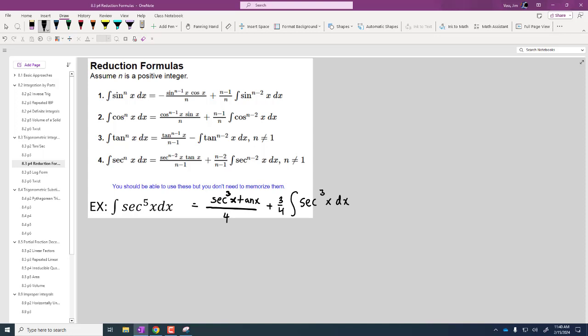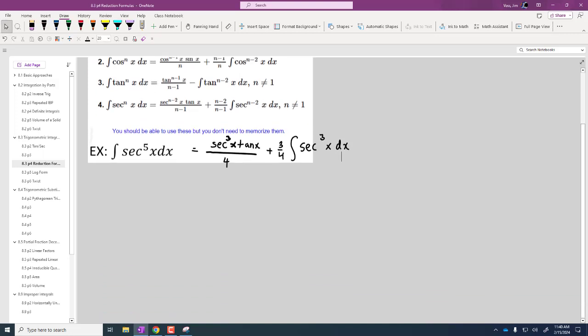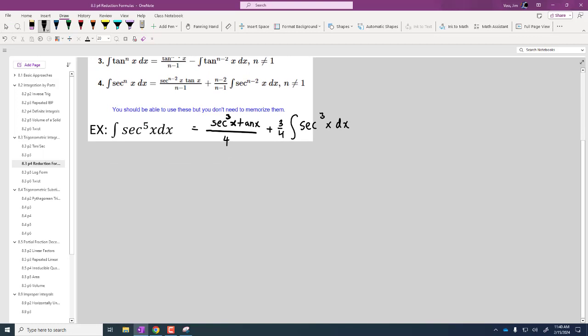So now we're there. Rinse and repeat. So we do that again. Secant is now to the 3rd power, so we're going to do this again. We've got this stuff out in front, and now n is 3. So 3 minus 2 is 1.